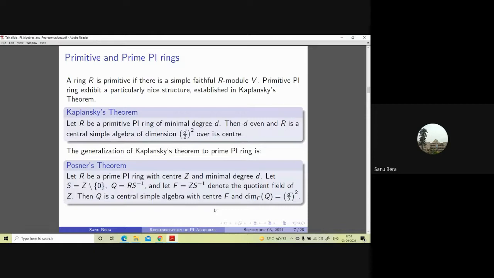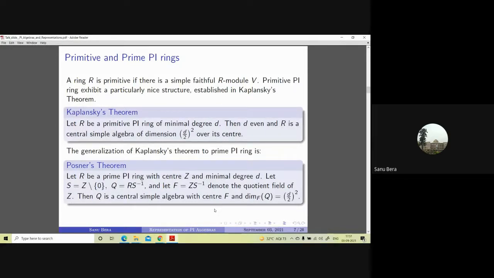And primitive rings have a particularly nice structure by Kaplansky's theorem. If R is a primitive PI ring of minimal degree d, then d is of course even, and R is a finite dimensional central simple algebra, and its dimension depends on the minimal degree: the dimension is (d/2) squared.